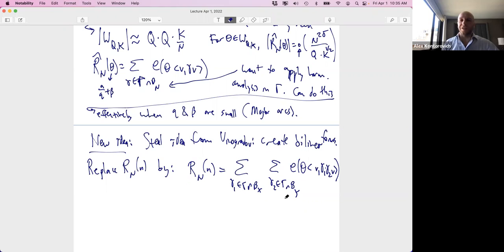First of all, what should the size of x and y be? If I want this product to be of size n, so that we get an integer of size n, what do we want for x and y? What will be the size if gamma 1 is of size x and gamma 2 is of size y? What will be the size of the product as a group under the group operation?